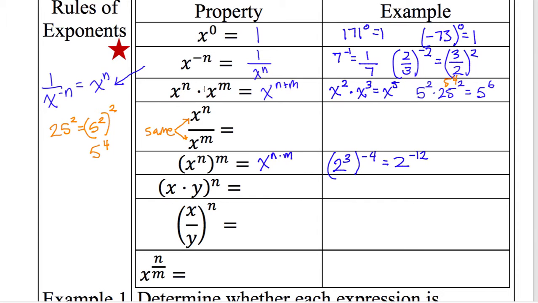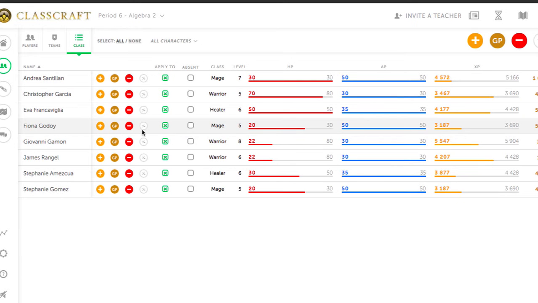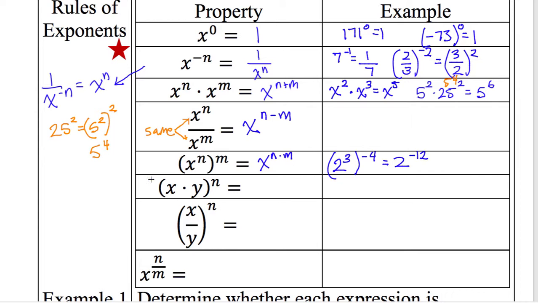So, when I multiply with the same bases, I add the powers. When I divide with the same bases, I do what with the powers? Quiet, raised hand. Is there anyone out there with a card, Geo? You subtract the powers. Yep, so x to the power of n minus m. There it is. All right, your card is now in, Geo. Thank you, thank you.